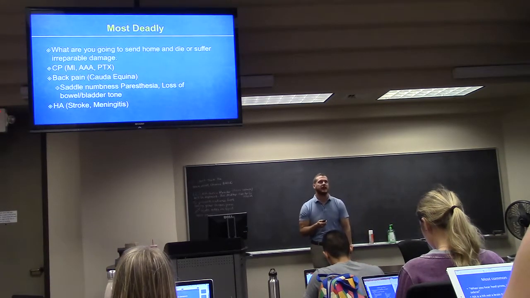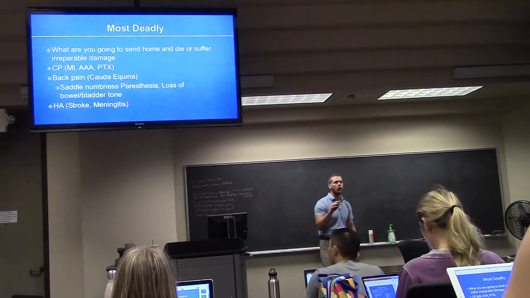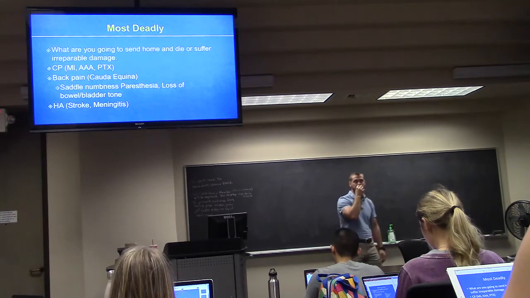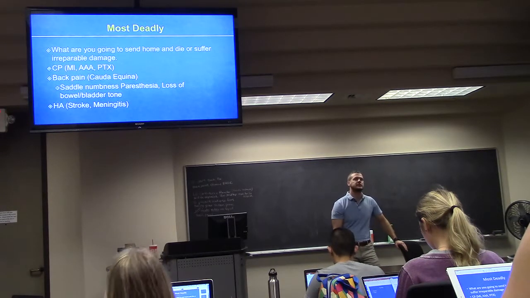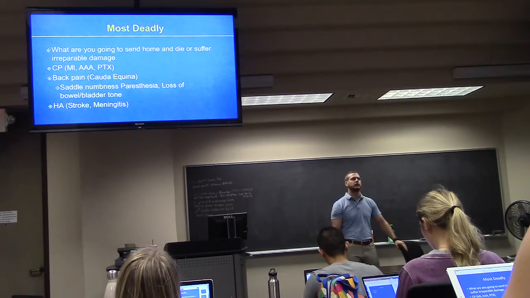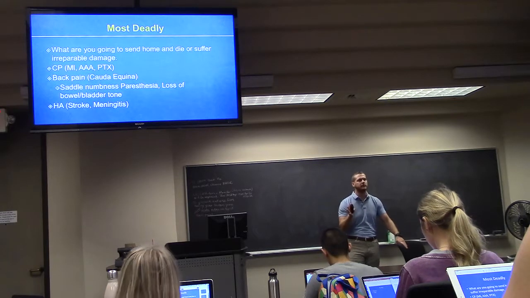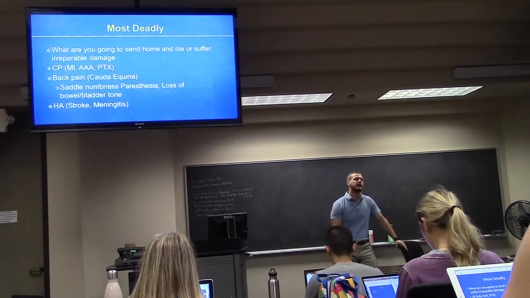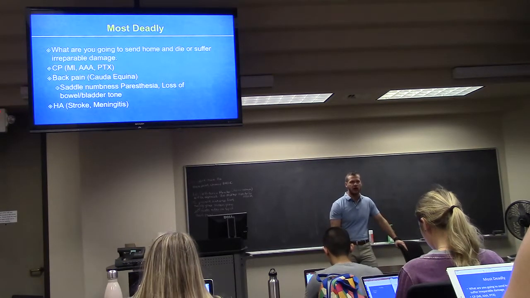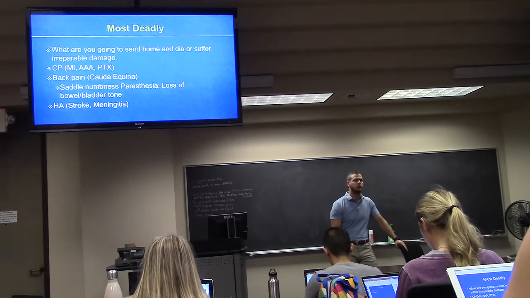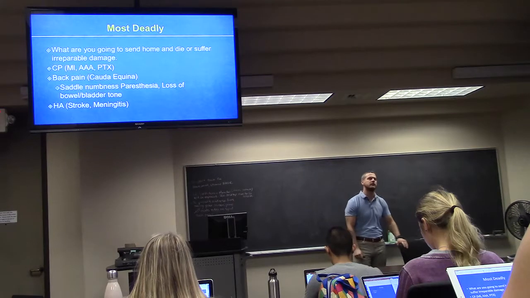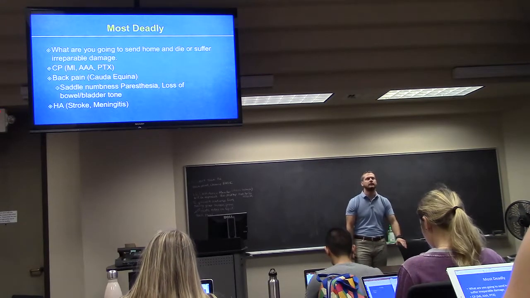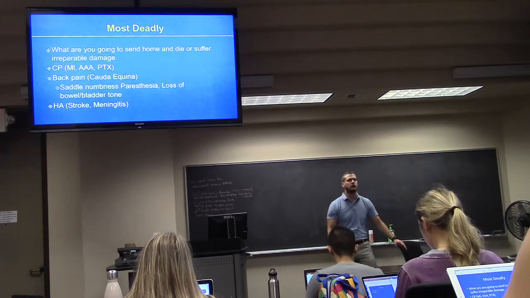And then we get to most deadly. This is probably one of the more important areas that I tend to focus on. Chest pain, are we going to miss an MI, an AAA, pneumothorax? Back pain, cauda equina is a big thing there. It's not very common, so that doesn't hit your Tier 1, but it is an irreversible loss of neurological function that, if you miss, you get your pants suit off for.